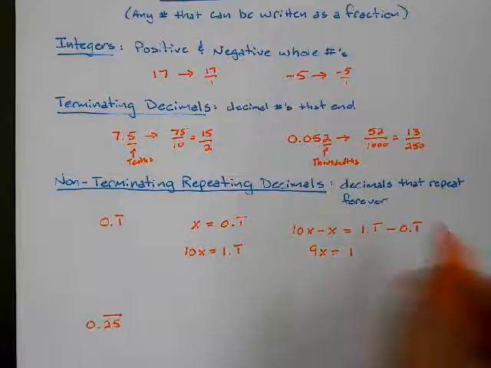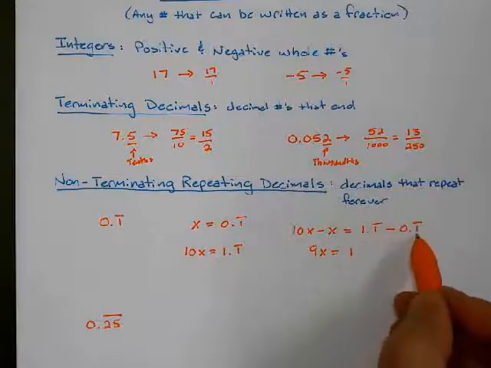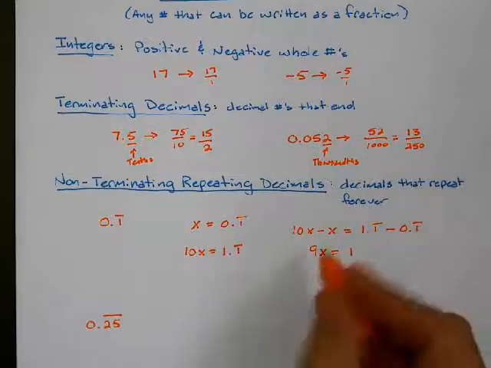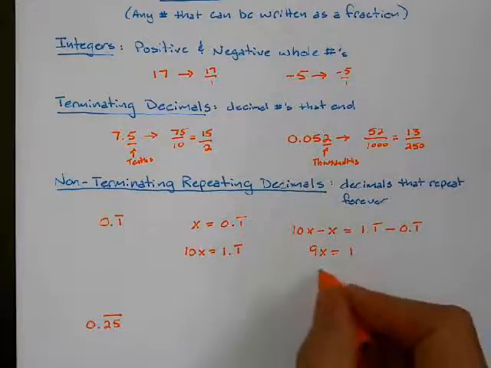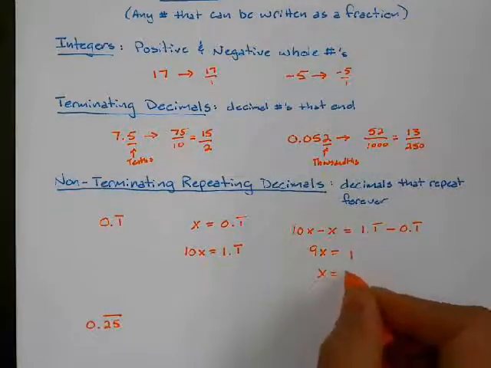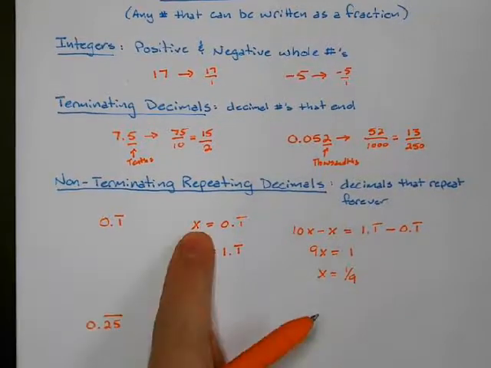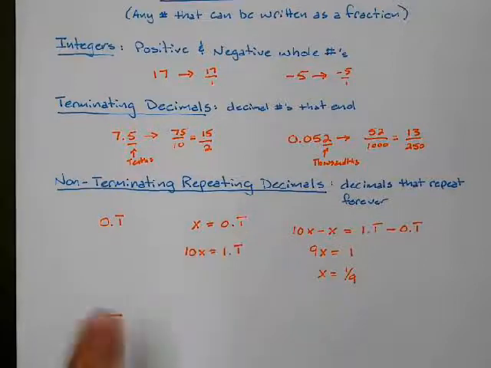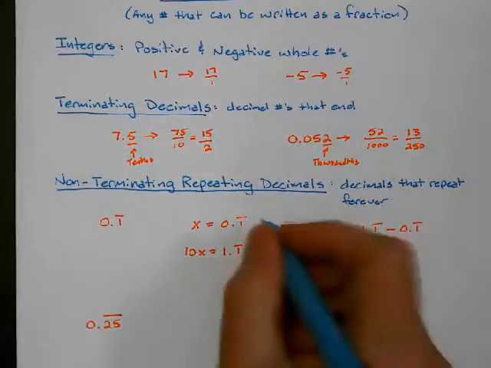Now we can just divide by 9, and x equals 1/9. What was x? x was 0.1 repeating. So 0.1 repeating must also be 1/9.